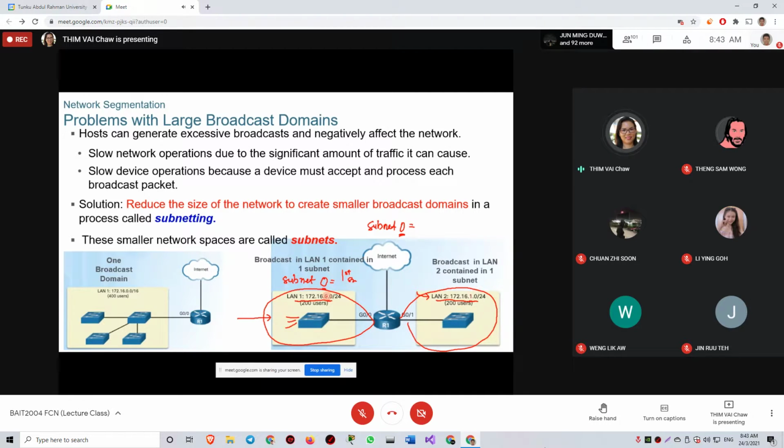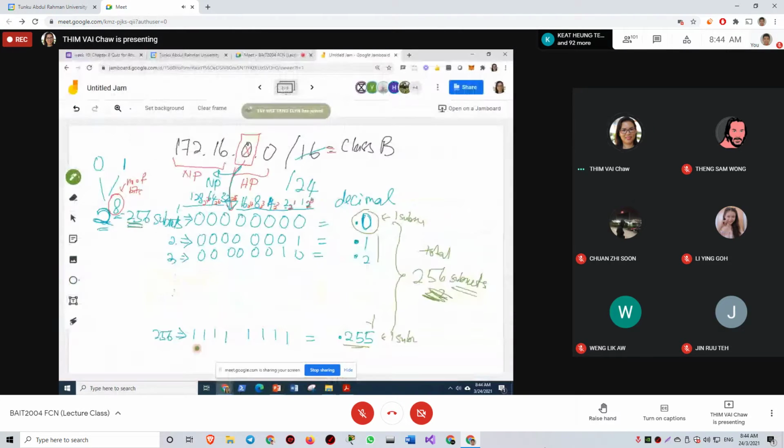Once you have borrowed the entire third octet to become the network, you need to think about the maximum hosts that can be added inside these networks, meaning how many usable host addresses you can have for each subnet. So in this case, since you already borrowed this particular byte to become the network portion, you only have this remaining byte to become the host portion.